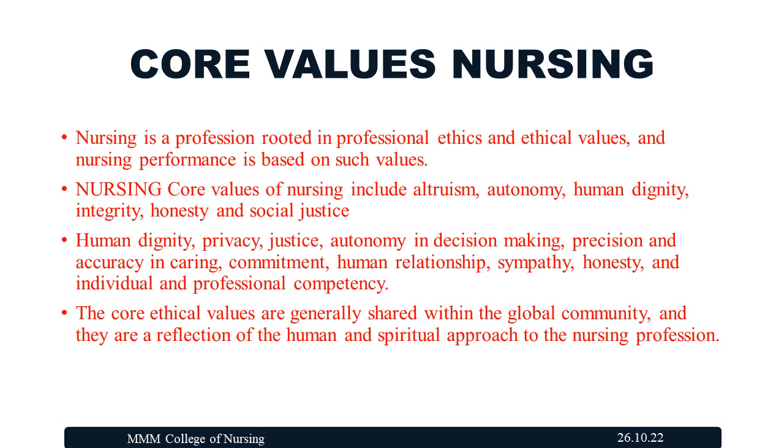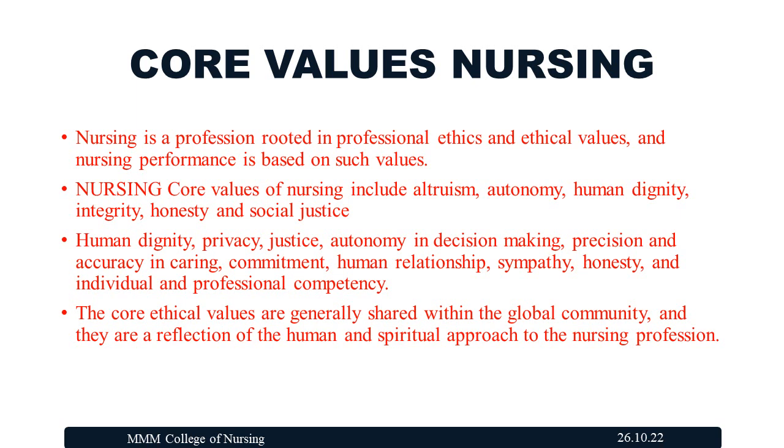Altruism means how much they are taking care of other people, the caring and happiness, that we call altruism. Others are human dignity, privacy, justice, autonomy in decision making, precision and accuracy in caring, commitment, human relationship, sympathy, honesty, and individual and professional competency. These are all the core values.